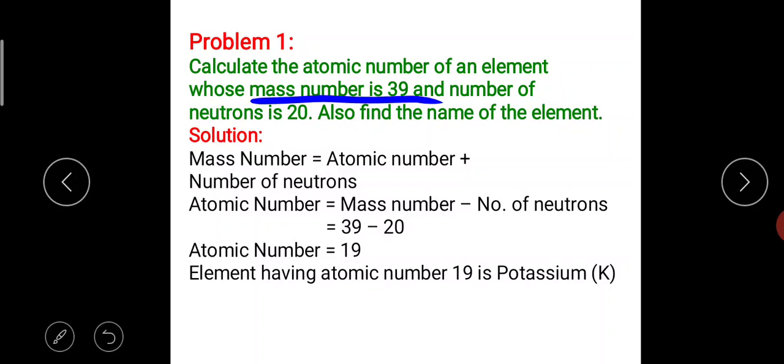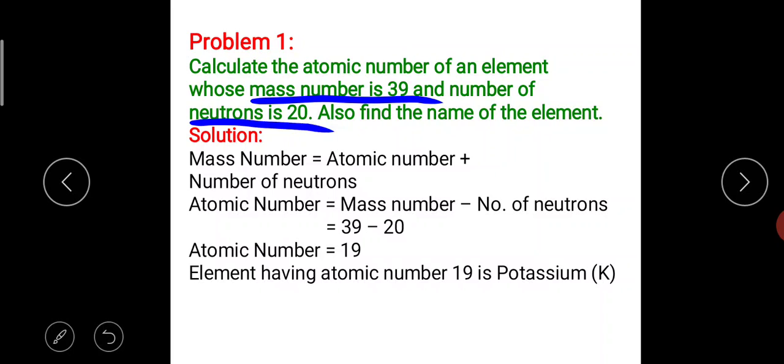Atomic number is equal to mass number minus number of neutrons. So 39 minus 20. The number of neutrons also they have given. Yes or no? Which is 19. So if you go and check in the periodic table, the element which has 19 as its atomic number is potassium. Is it clear? This is how we have to calculate.